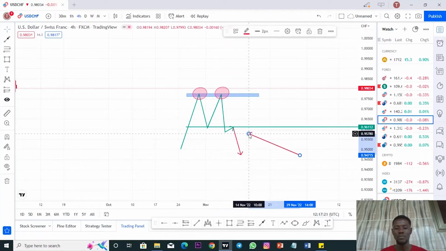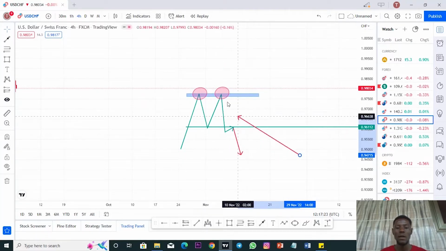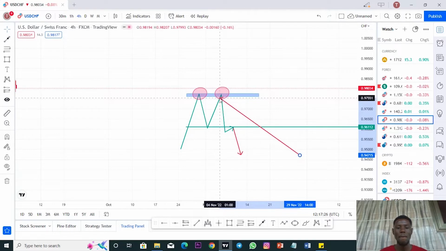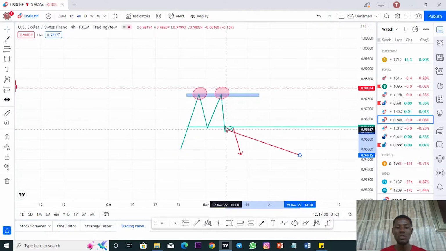But me, because I am not assured that the market will push all the way to the downside, I will wait for a break of the neckline. So when there is a break of the neckline and a retest of the neckline, that's where I am confident and comfortable to enter my trade in the market.